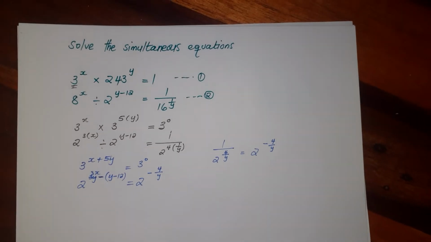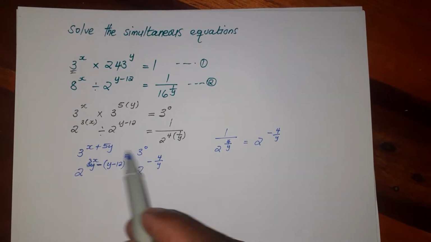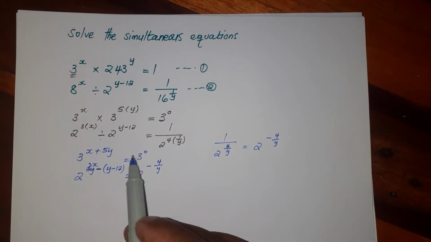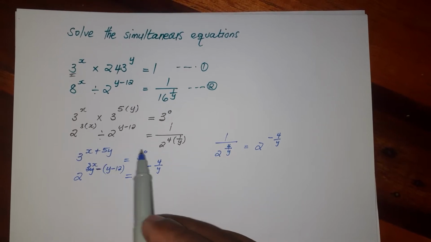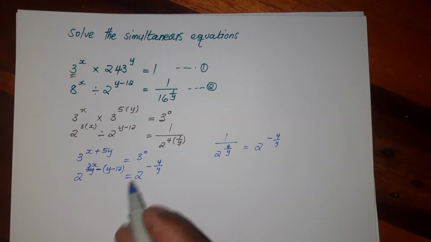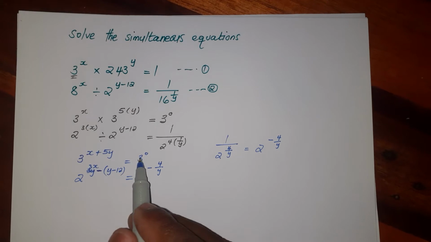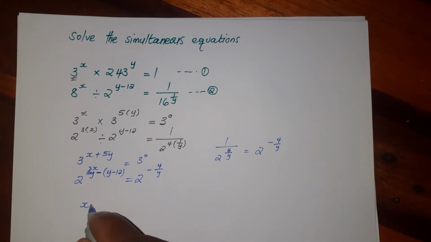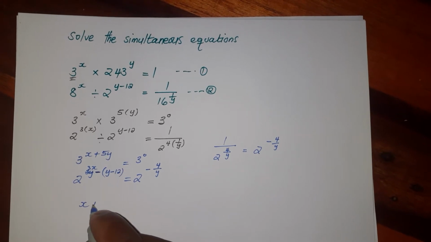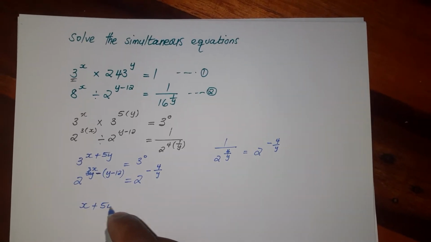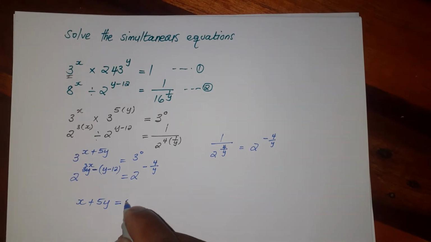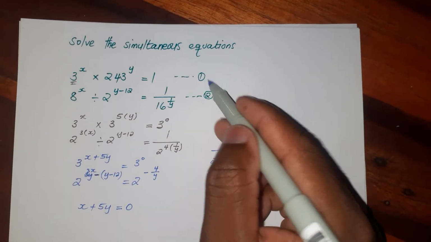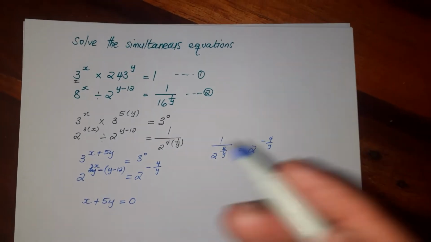Now we know that when we have two equations and the bases are the same, it means the exponents are equal. The bases are equal, therefore the exponents should also be equal. So we can now write, leaving out the bases, x plus 5y equals 0.